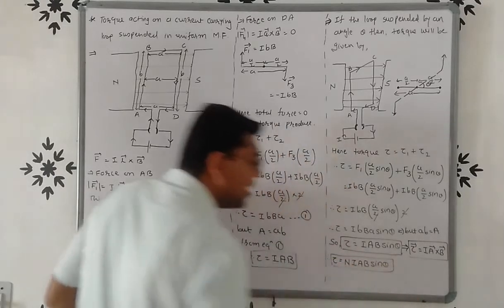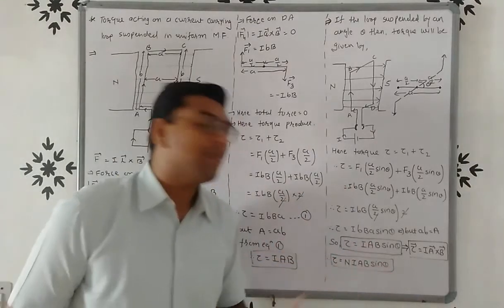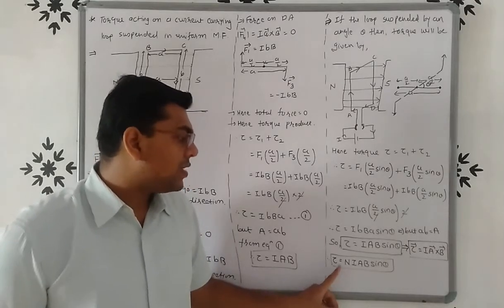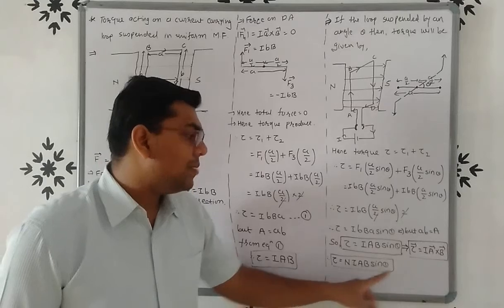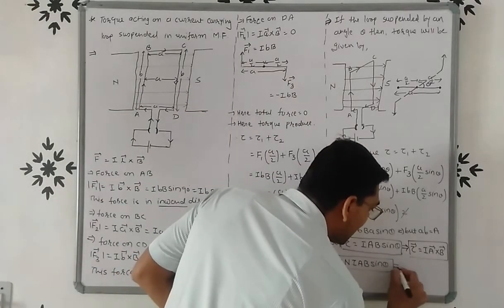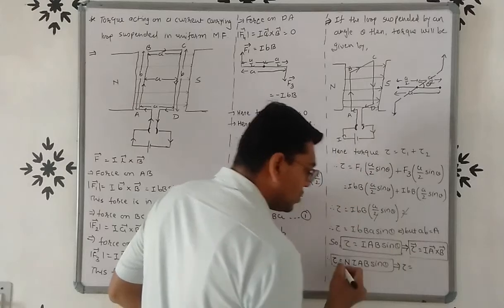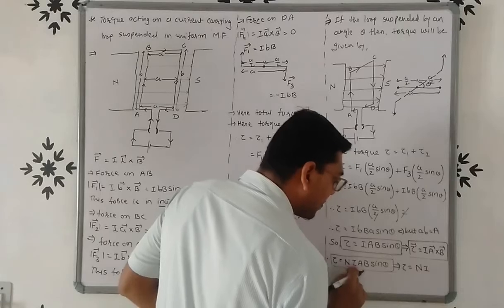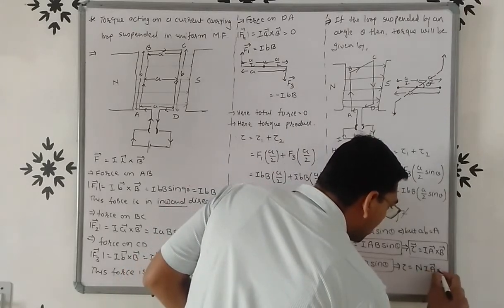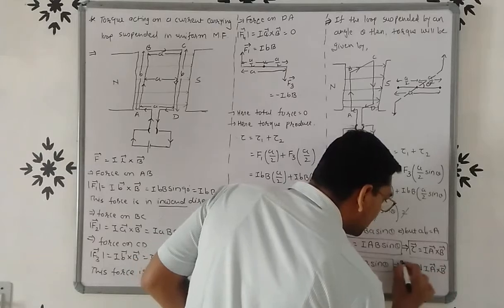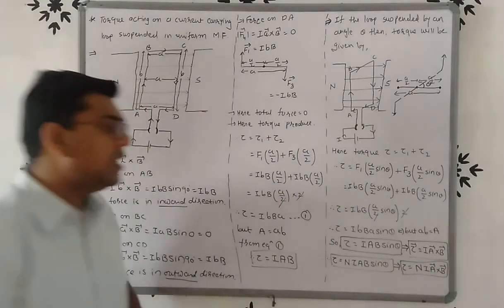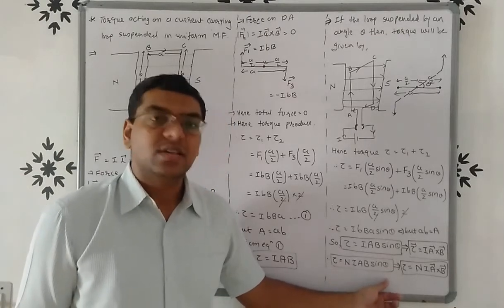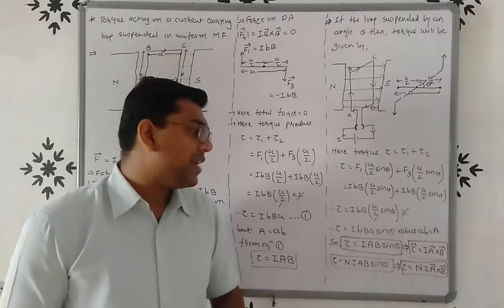Once again, A and B are vector quantities, so tau is equal to N I vector A cross vector B. So Ni as it is, A and B are vector quantities.